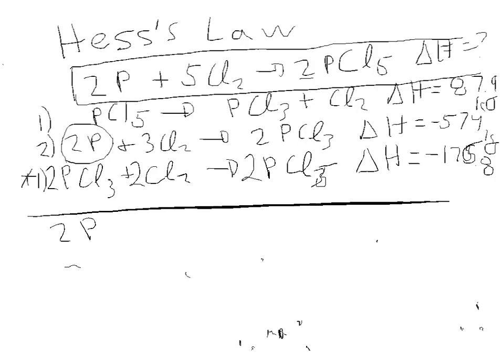Plus, if I look very carefully, I have in equation number 2, 3 moles of chlorine plus an additional 2 moles of chlorine. 3 moles of chlorine plus 2 moles of chlorine will give me 5 moles of chlorine.